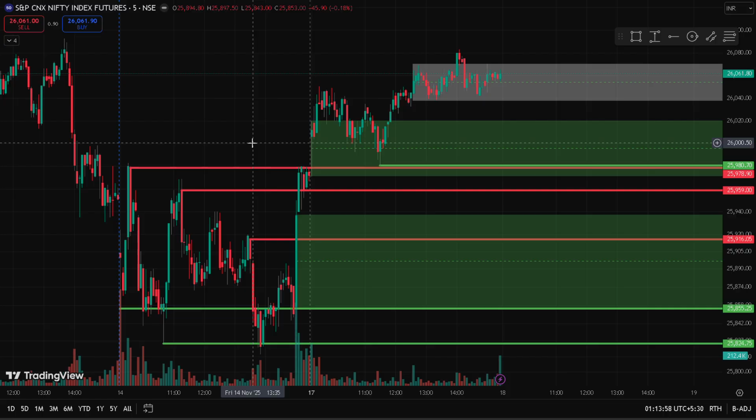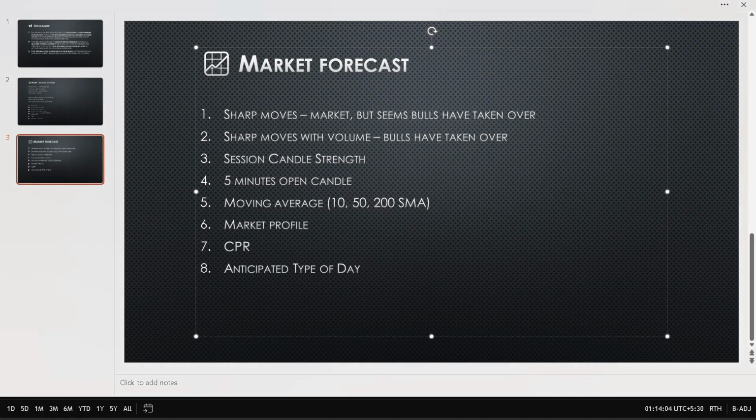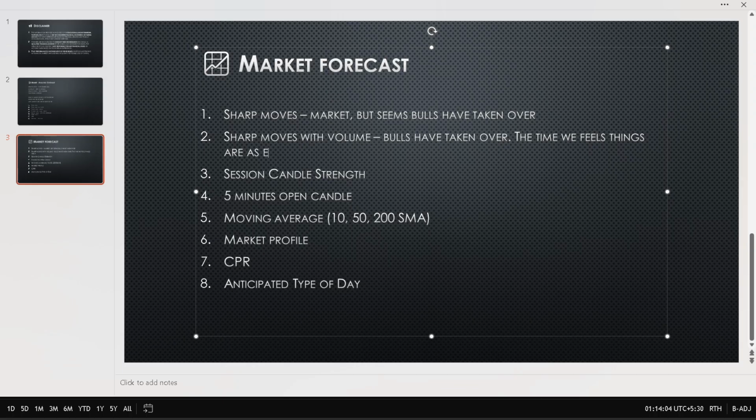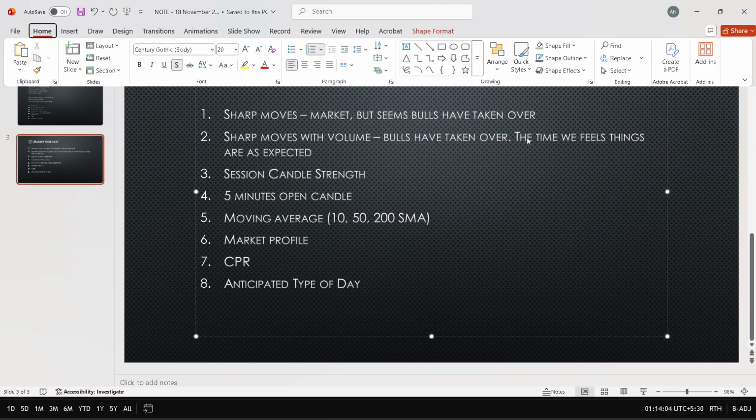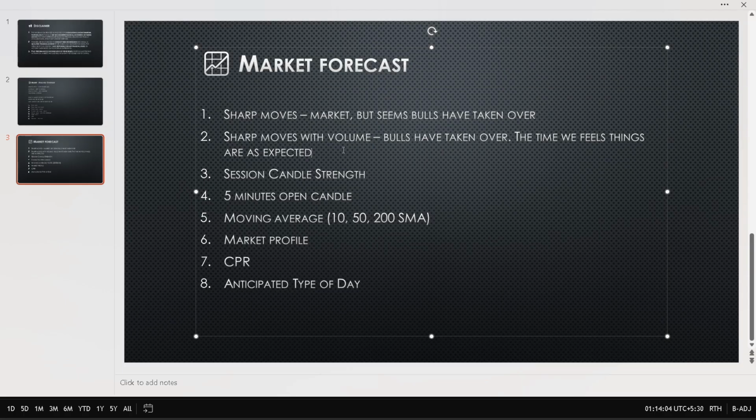That is the time when these people, the financial institutions, the high net worth players, come into the picture and trap everybody. Okay, so I will write it here again. The time we feel things are as expected, chances of getting trapped is higher.